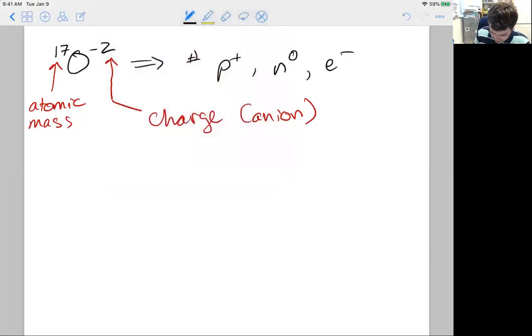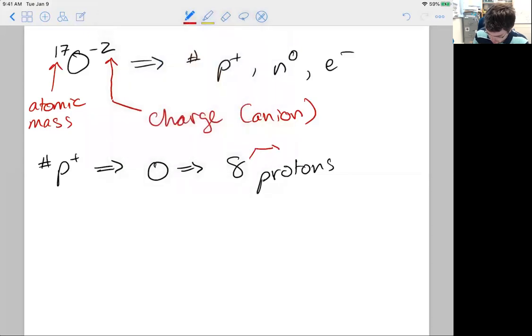Okay, so let's start with the number of protons. For oxygen, we look at our periodic table, and the atomic number is 8. This 8 comes from the periodic table atomic number. So 8 protons for oxygen.